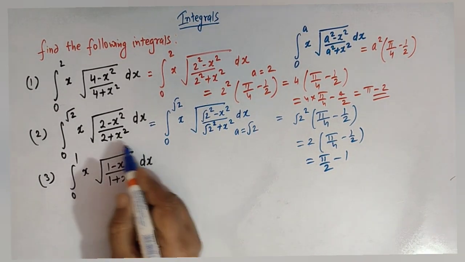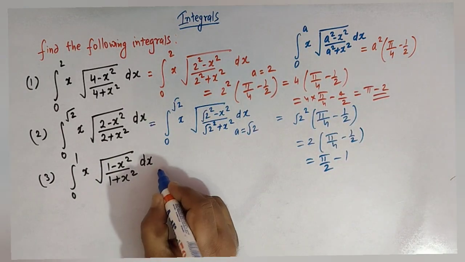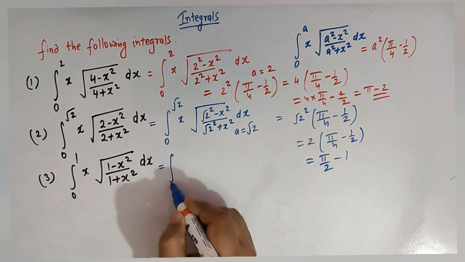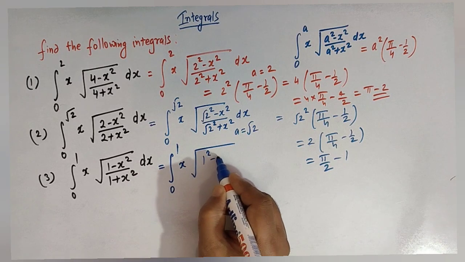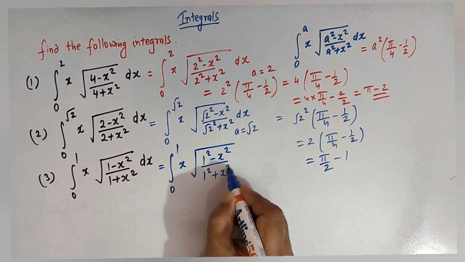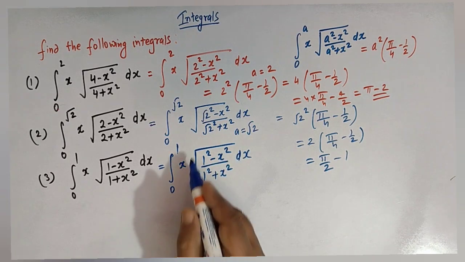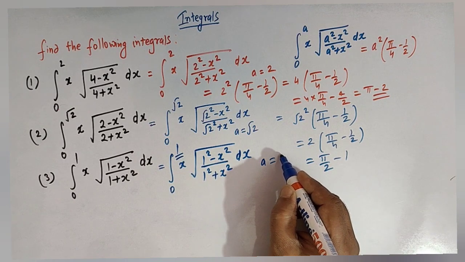Now let us take the third integral. If we compare this integral with this one, we can write this integral as 0 to 1 of x times the square root of (1 square minus x square) over (1 square plus x square) dx, right? And the value of a is obviously equal to 1.